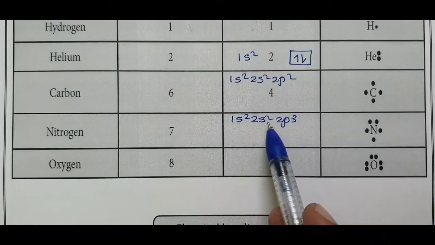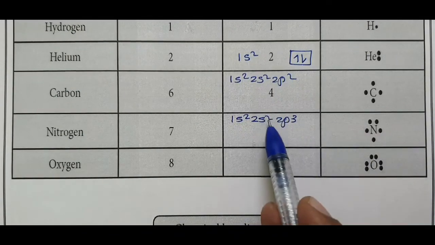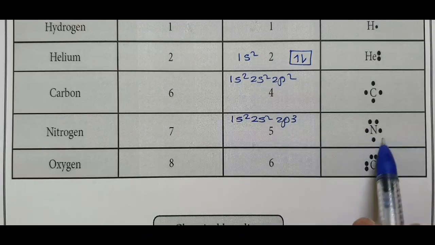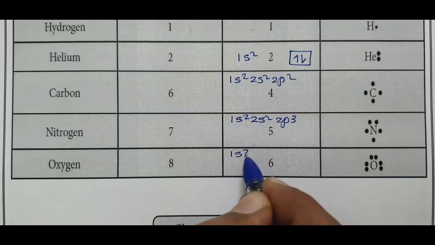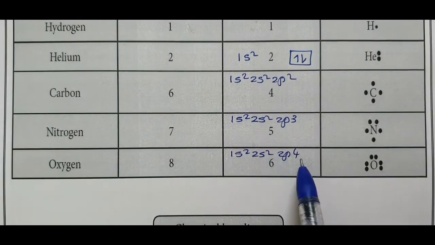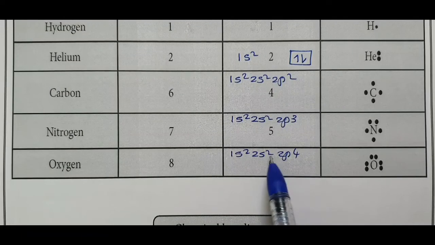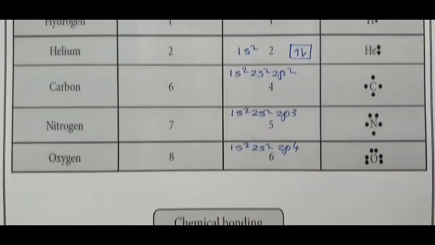The outermost cell contains 5 electrons. 5 electrons are indicated as one pair of electrons and 3 unpaired electrons. Oxygen, atomic number 8, electronic configuration 1s2, 2s2, 2p4. The outermost cell contains 6 electrons. All the 6 electrons are indicated as paired electrons, 1, 2, 3 pairs of electrons.